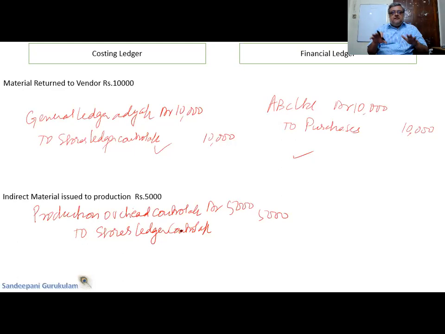Since I want you to understand the concept behind passing entries in both ledgers, I am just giving you some examples. So here there will be no entry, because this is purely concerned with the costing ledger.